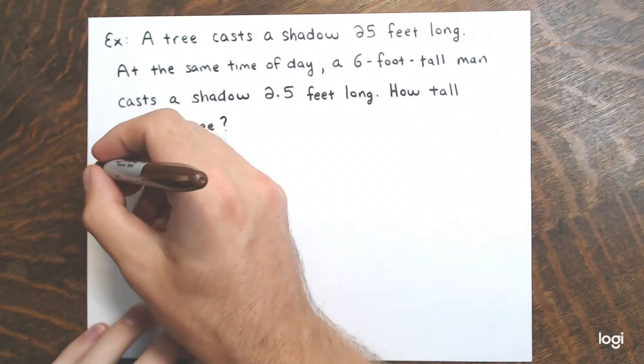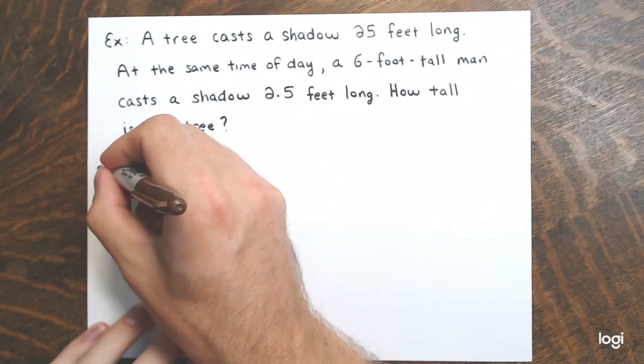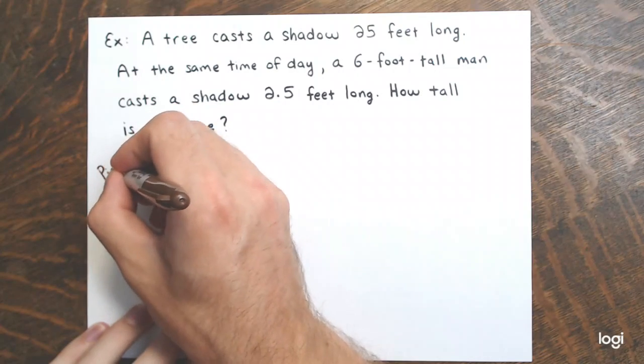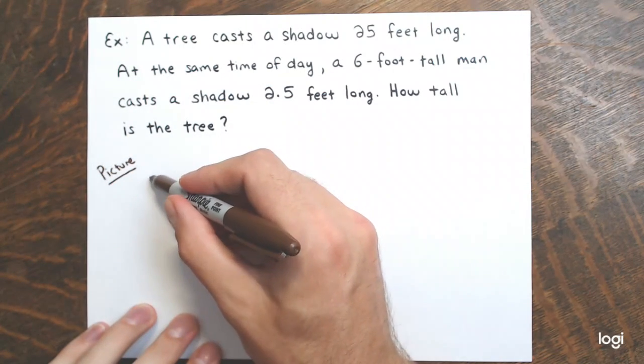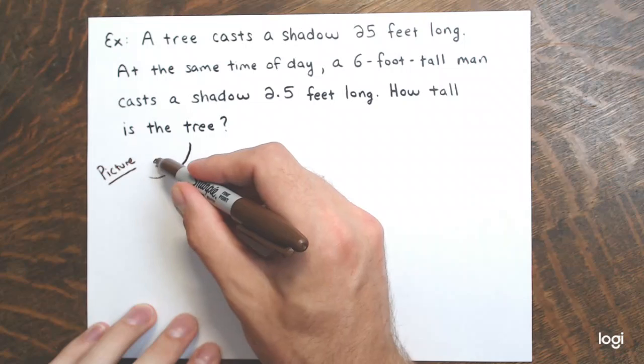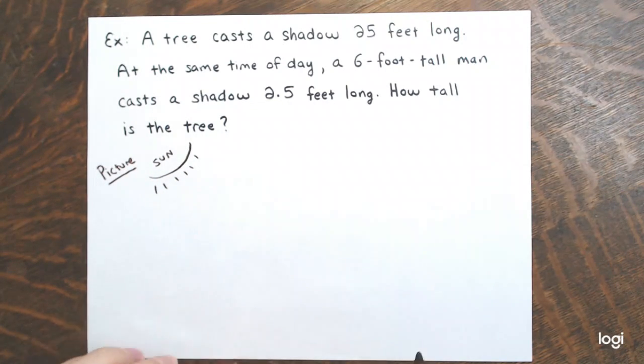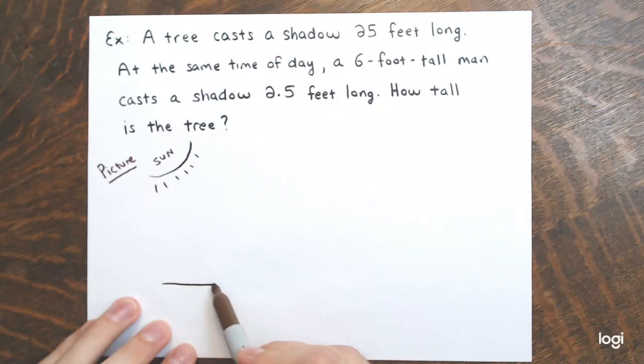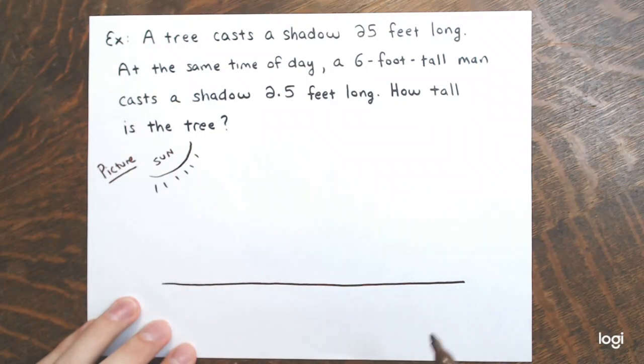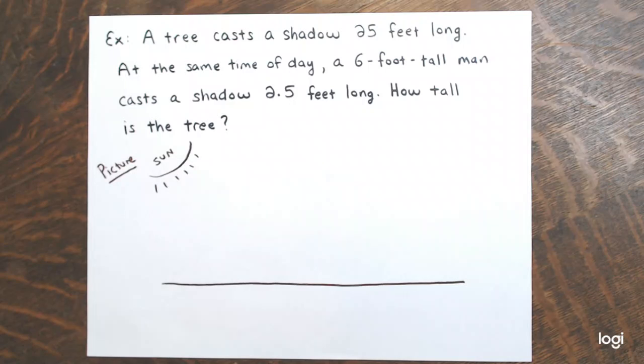Okay, so I'm going to draw a picture of what's going on here. We have the sun. I'll say this is the sun up here, letting out some light. And here's the ground. Let's say, for purposes of this problem, just to make things simple, that the ground is flat, not hilly or bumpy.